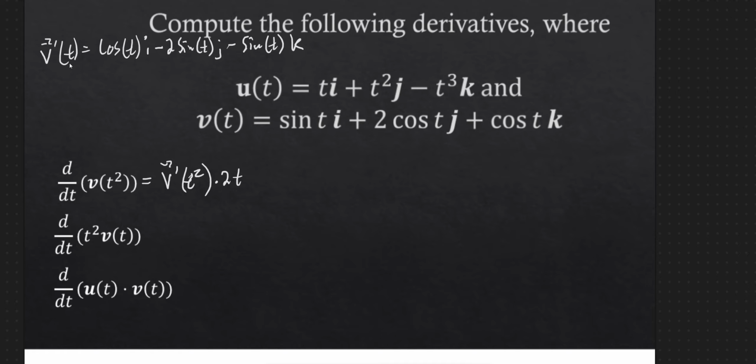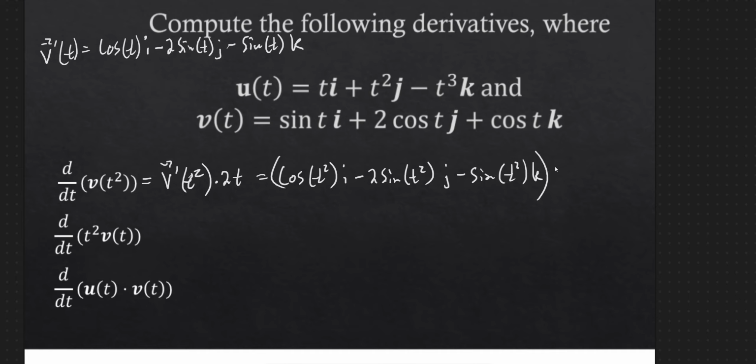So v prime of t squared, I'm going to get by evaluating these at t squared. So I'll get cosine of t squared in the i direction, minus 2 sine of t squared in the j direction, minus sine of t squared in the k direction. And then don't forget about the derivative of the inside, everything here multiplied by 2t.